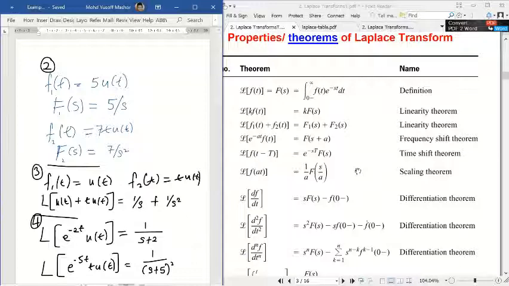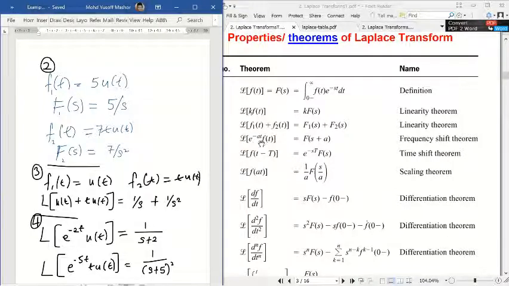So that's linearity theorem number 2. The next one is the frequency shift theorem. When you see something like s plus a in s domain, that means it's the frequency shift theorem. What is the theorem?